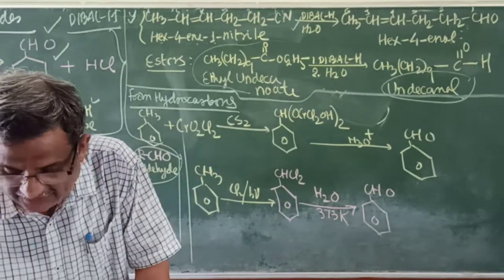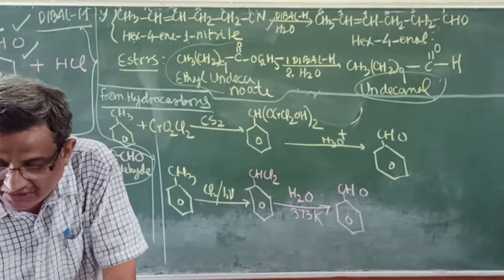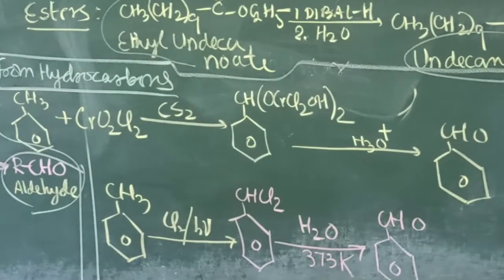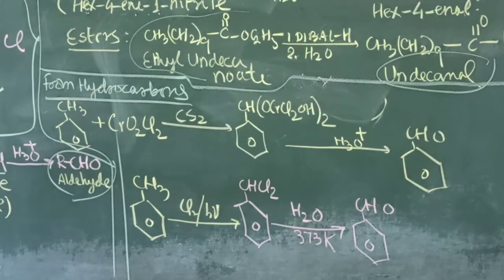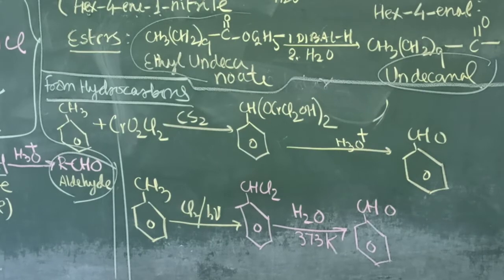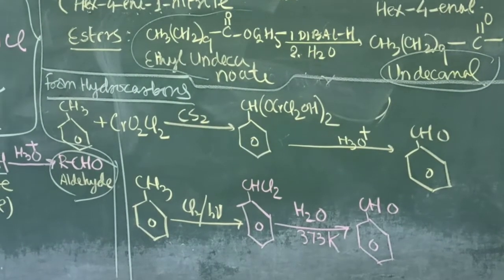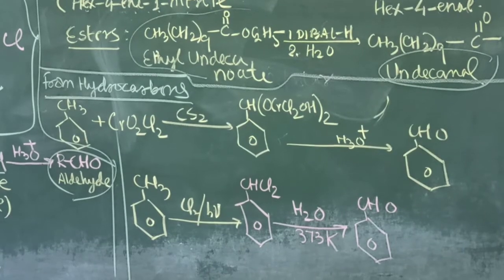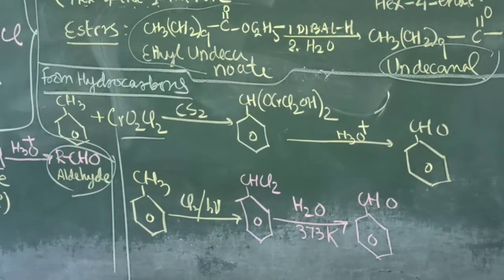What do we do here? It is possible to stop the oxidation at aldehyde stage with suitable reagents that convert the methyl group to an intermediate that is difficult to oxidize further. The following is the method used. We use chromyl chloride. What is chromyl chloride? CrO2Cl2.